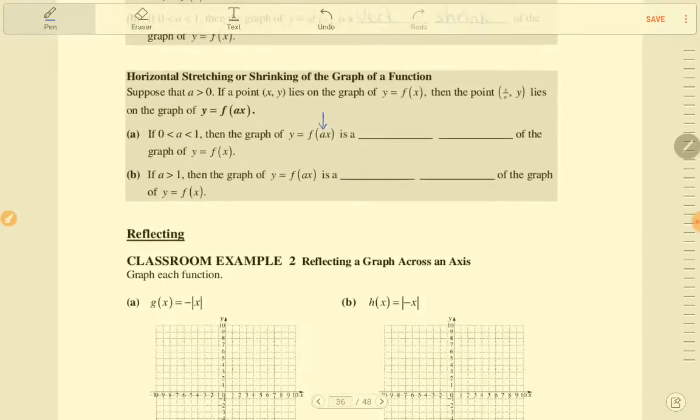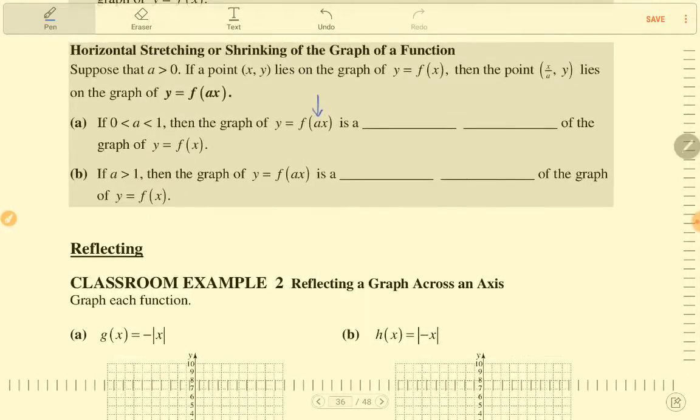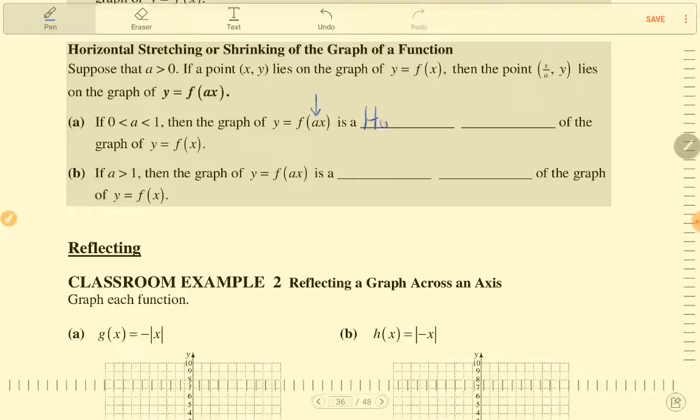And when we have the coefficient on the inside, it'll be pulled apart horizontally, so we'll call that a horizontal stretch when your coefficient is a fraction between 0 and 1. And when your coefficient is greater than 1, it'll have the effect of squeezing and cause a horizontal shrink.